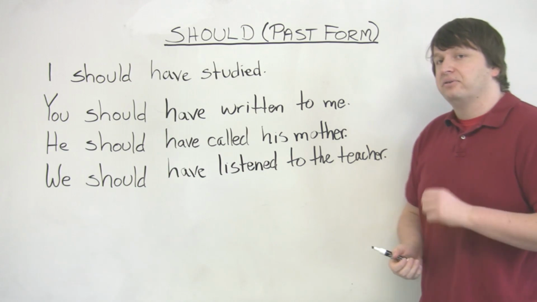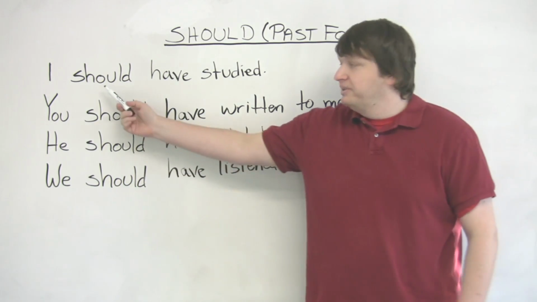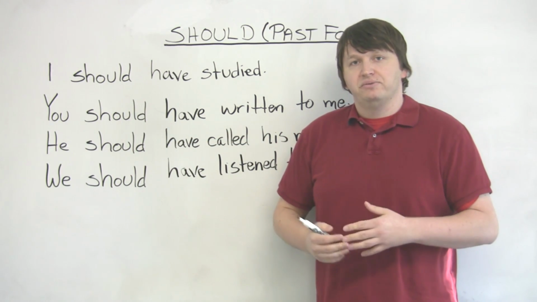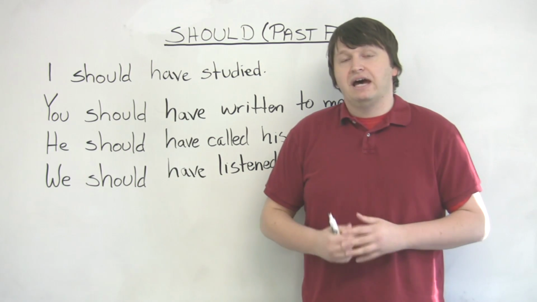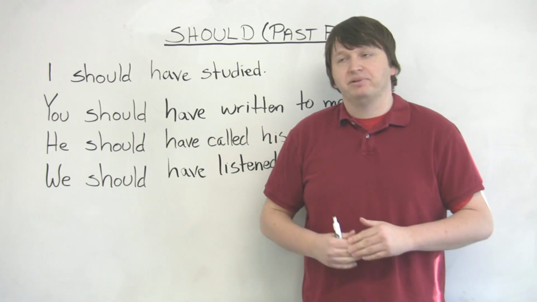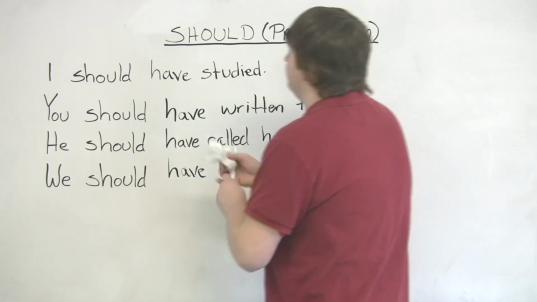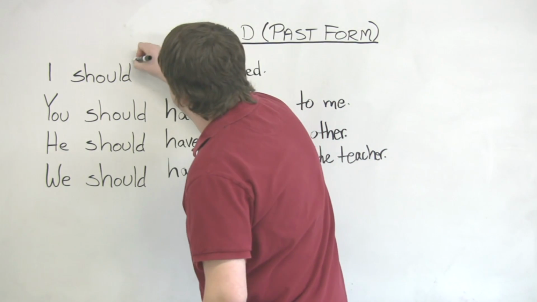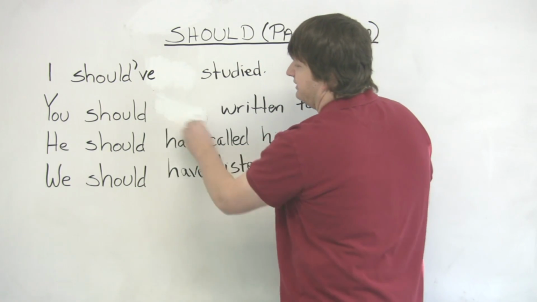Okay? Now, when we're talking about the pronunciation of this, in written language, usually in formal written language, we do not use contractions. In spoken language, people don't often say, I should have studied. We simply contract the two words, should and have, and we pronounce them, I should've, should've.